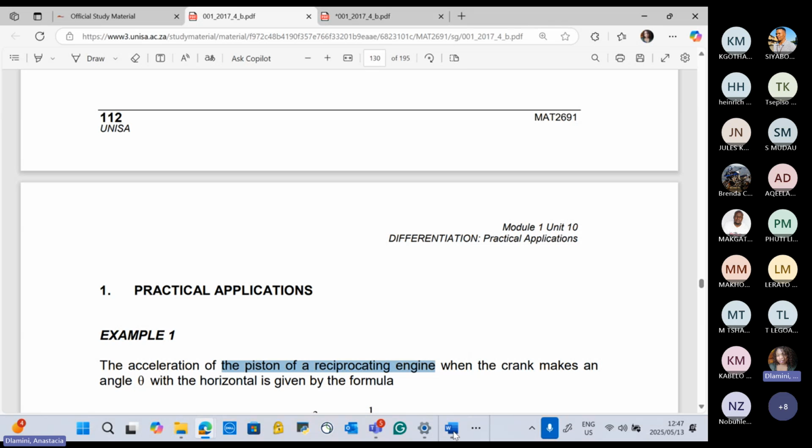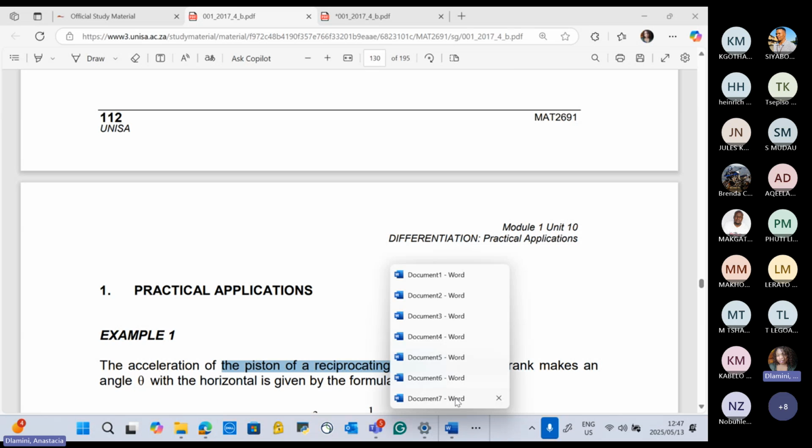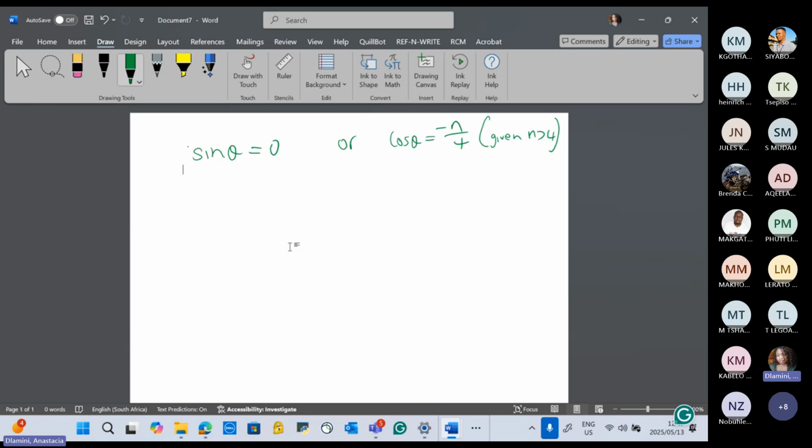Okay, let me do this first. If you're saying theta is equal to arc sine 0, plus 360 degrees, which is 2 pi, times n, when n is an integer, right?